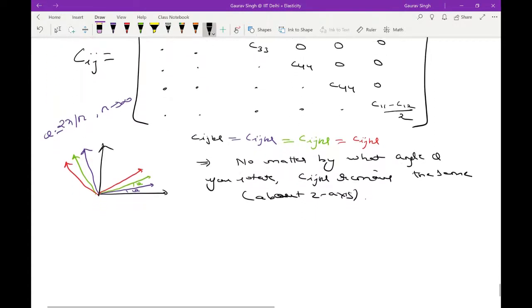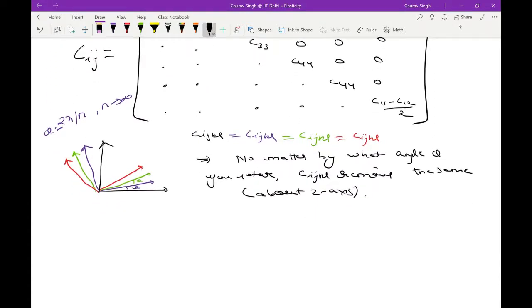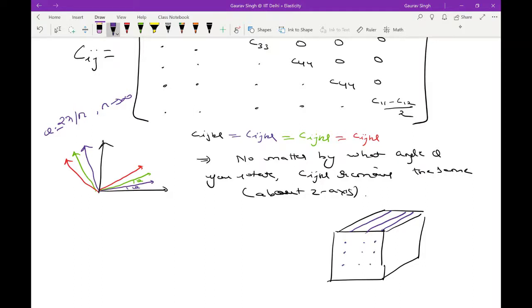In composites, for example, if you have fibers in a composite like this, you can draw your x, your y, your z, and then you keep on rotating this about the z axis, you will get the same Cijkl, or the elasticity tensor.